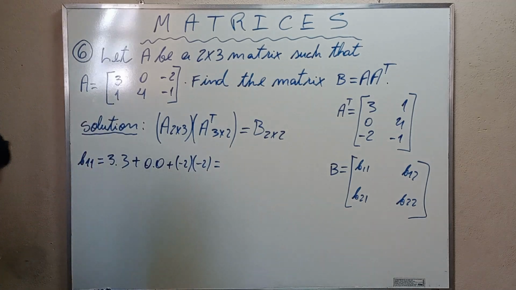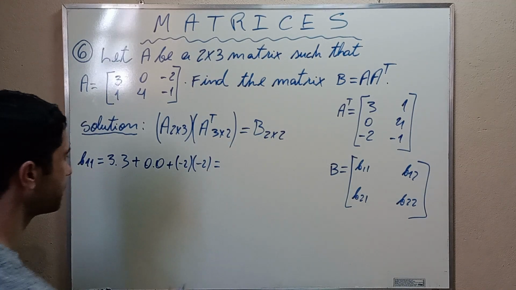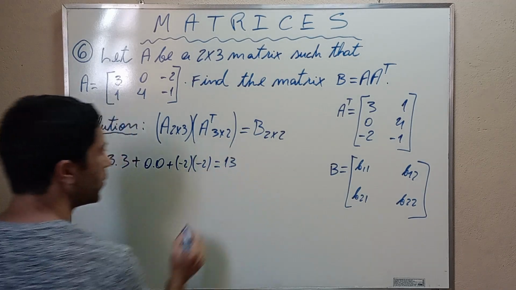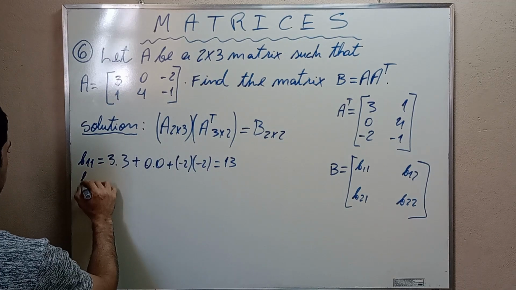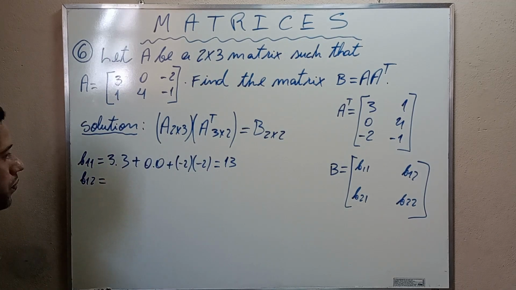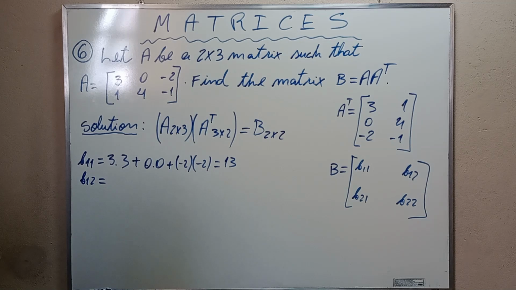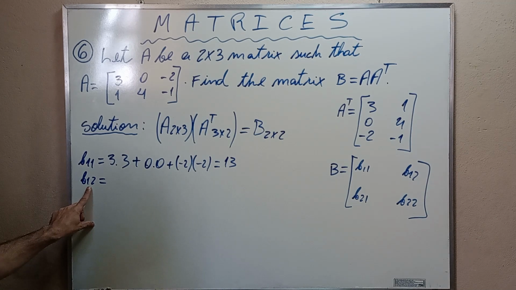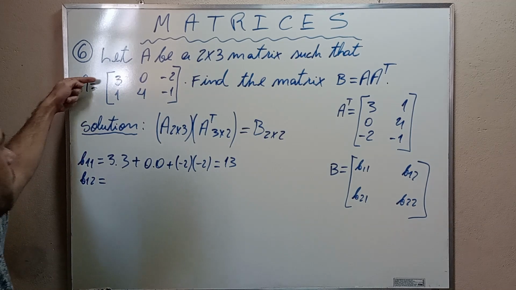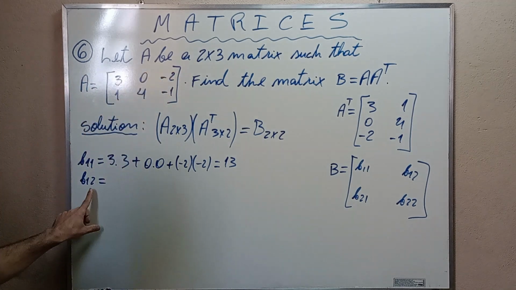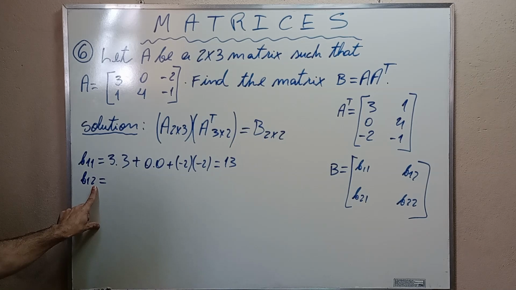And this is equal to 13. B12 now. B12 is going to be obtained from the multiplication of the first row of the first matrix with the second column of the second matrix.